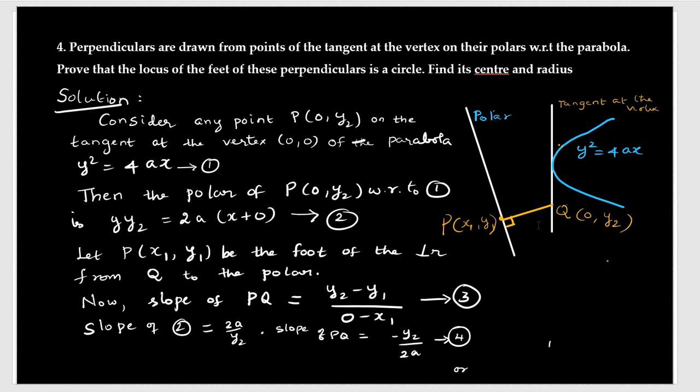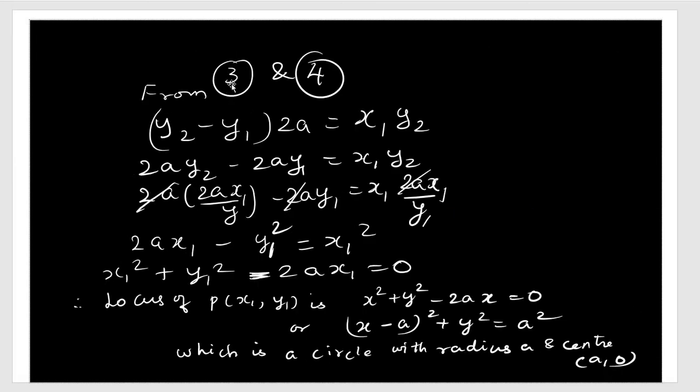So we obtain the slope of PQ in two different ways and equate them. It has to be the same. That is the technique to solve this problem. One way we have obtained is equation 3. The other way is, we have the slope of the polar and hence the slope of the perpendicular. Name them as 3 and 4. So from 3 and 4, this is what we get.